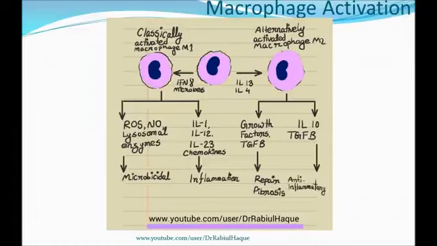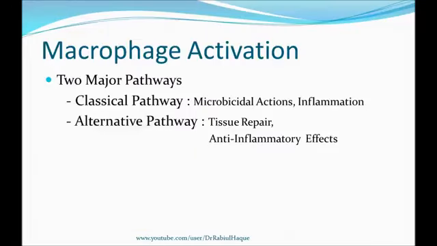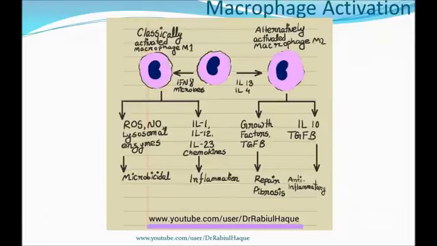Moving on to the alternative pathway of macrophage activation, I have already said previously that the main role of the alternative pathway is to help in tissue repair and fibrosis, and it also has anti-inflammatory effects. This pathway is induced by the cytokines interleukin 4 and interleukin 13. These are produced by T lymphocytes and some other cells.